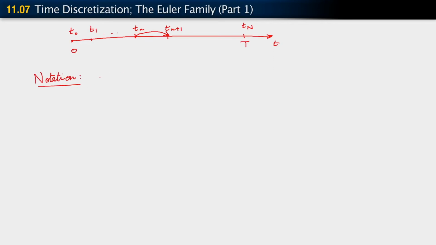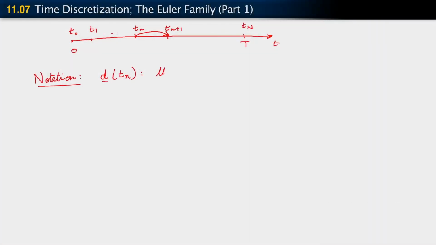When I write d at some time tn, what I imply by this notation is the solution vector d if one were able to do exact integration in time. So this is the time exact solution.